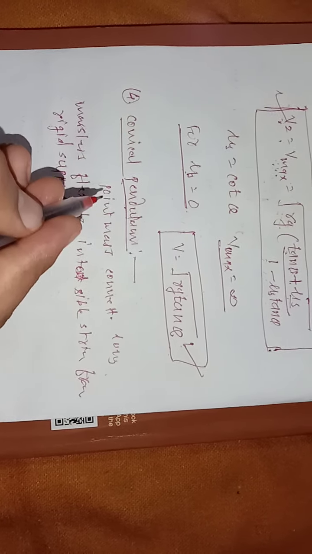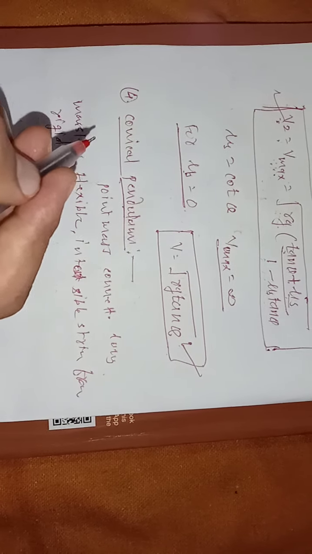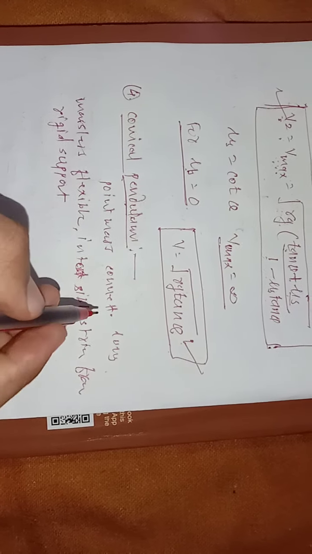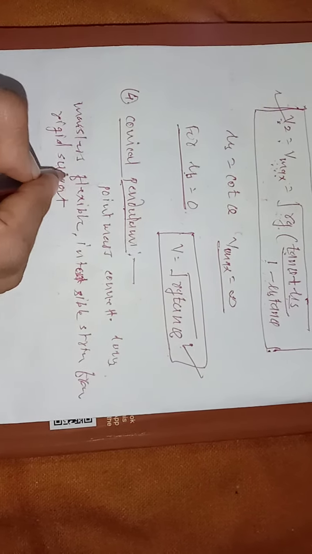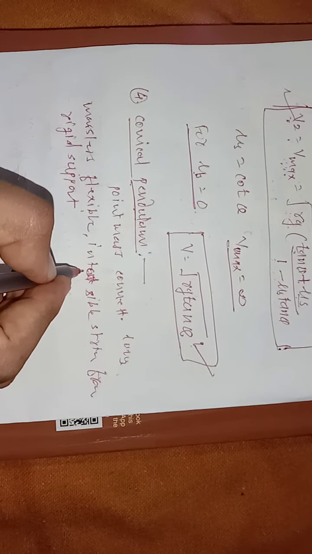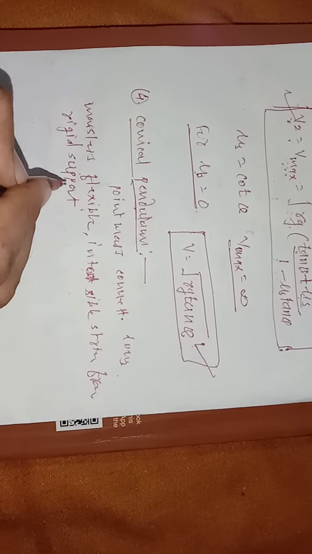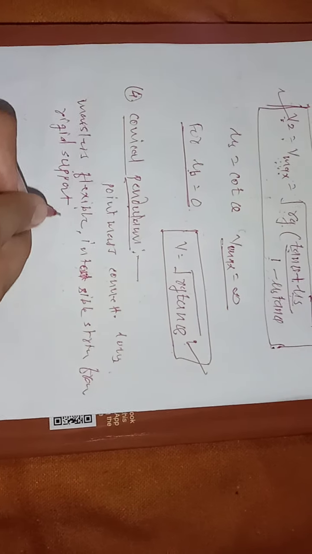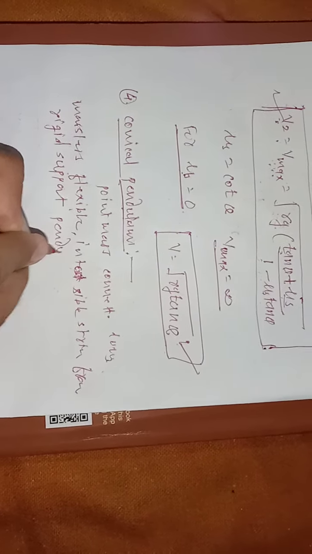The point mass is the bob, connected to the long massless, flexible, and inextensible string from the rigid support. That is the definition of pendulum.